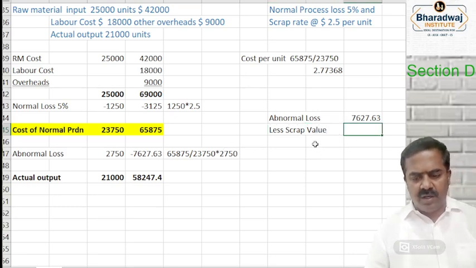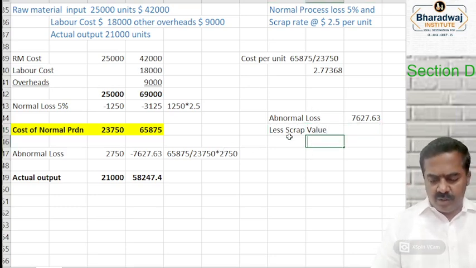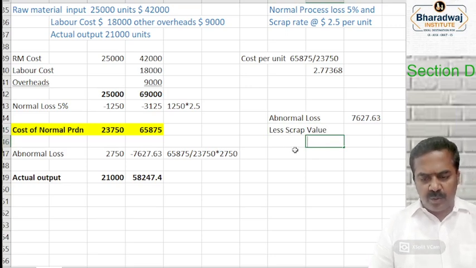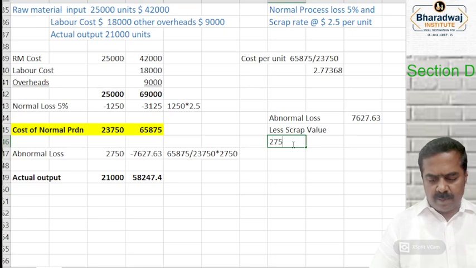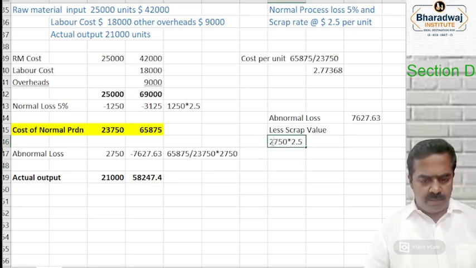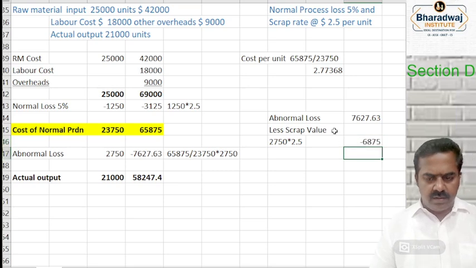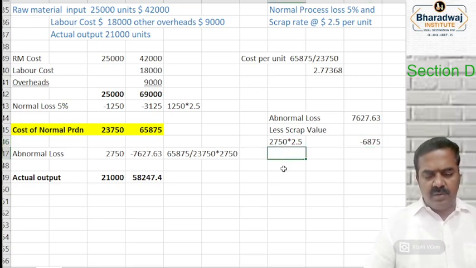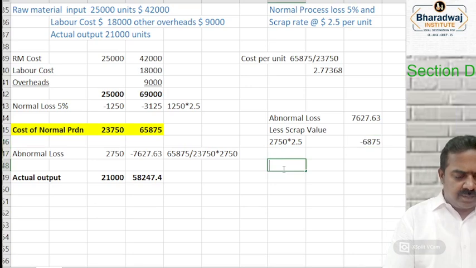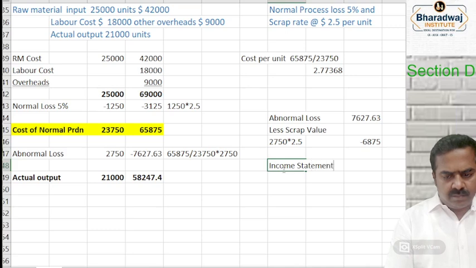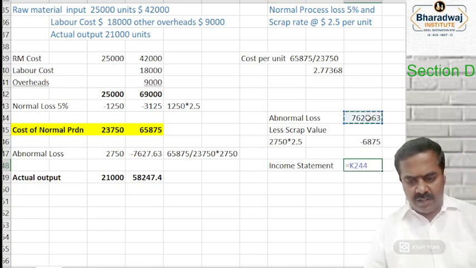The scrap value of abnormal loss is also the same: 2,750 into 2.5. We can sell scraps at the same rate. The balance will be recognized in profit and loss. The loss will be recognized in the income statement.